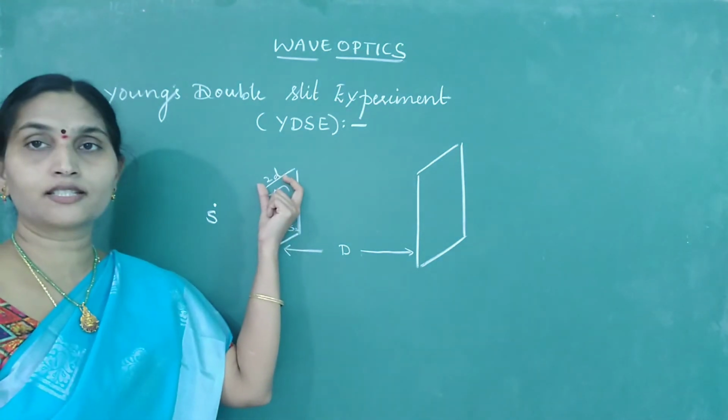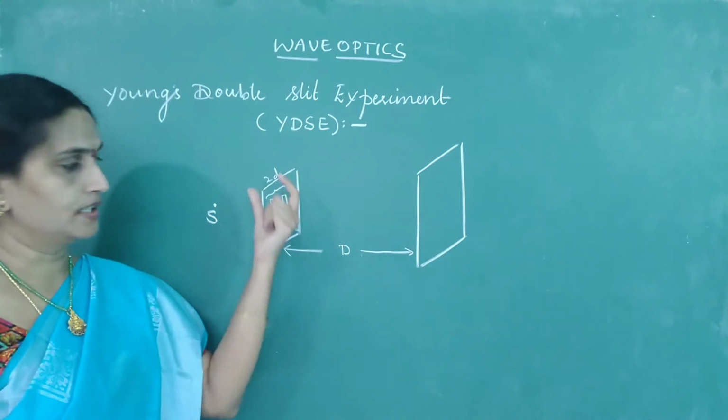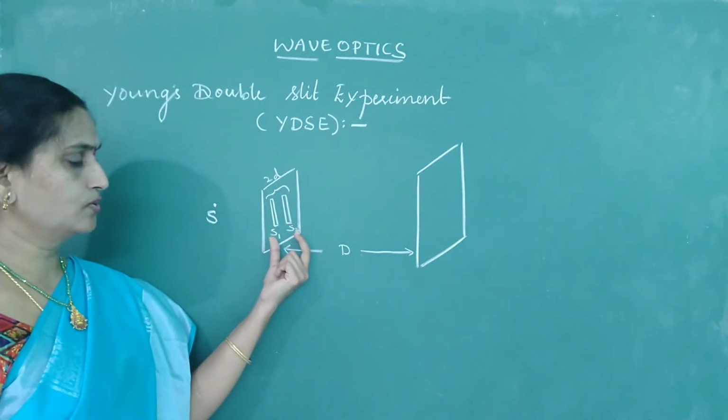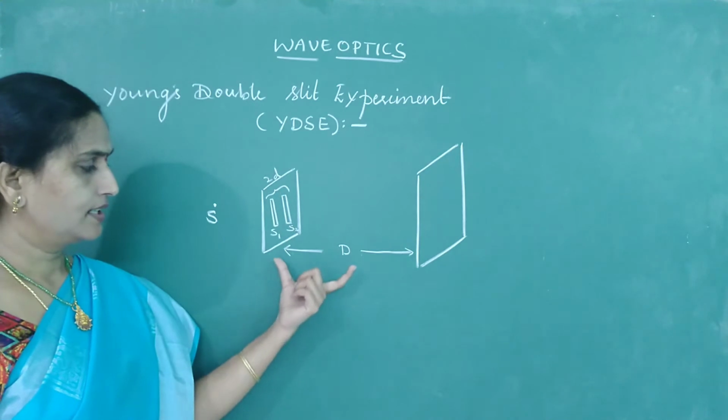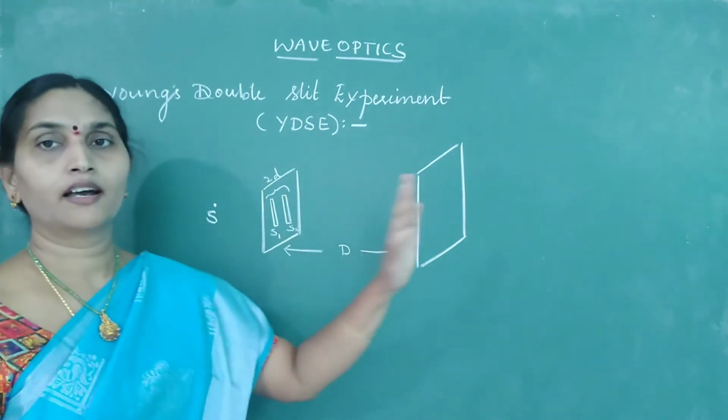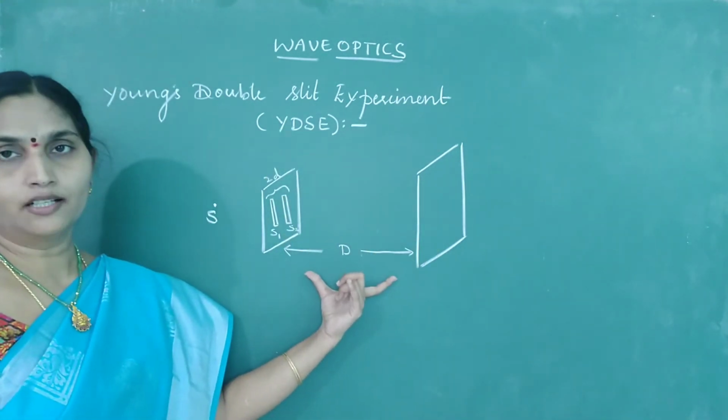If you want, you can take it as d and modify the derivation accordingly. So I took the distance between the two slits as 2d. Distance between the slit screen and the screen is capital D.